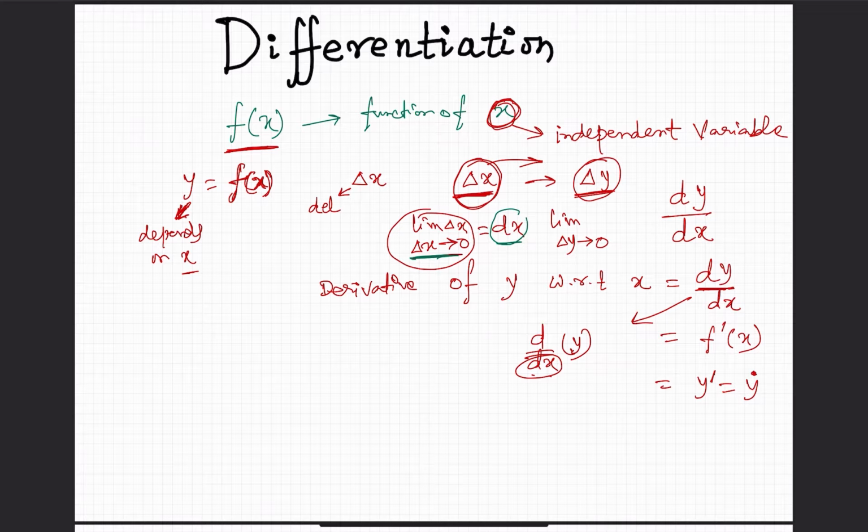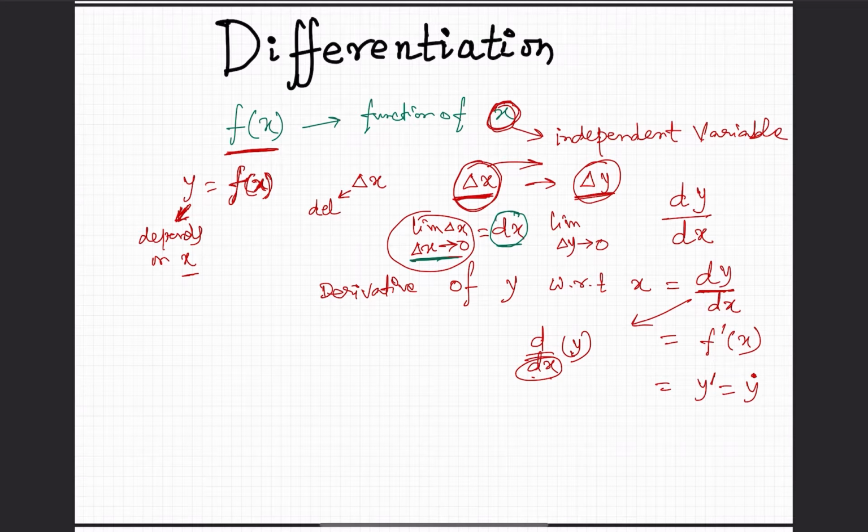This d and x is not in multiplication. I am repeating again: this is just a sign to denote that the change in x is infinitesimally small. Similarly for dy also, del y is equal to dy.